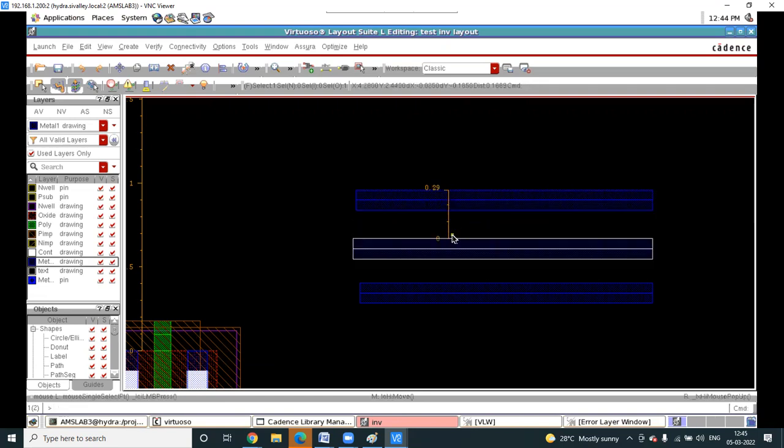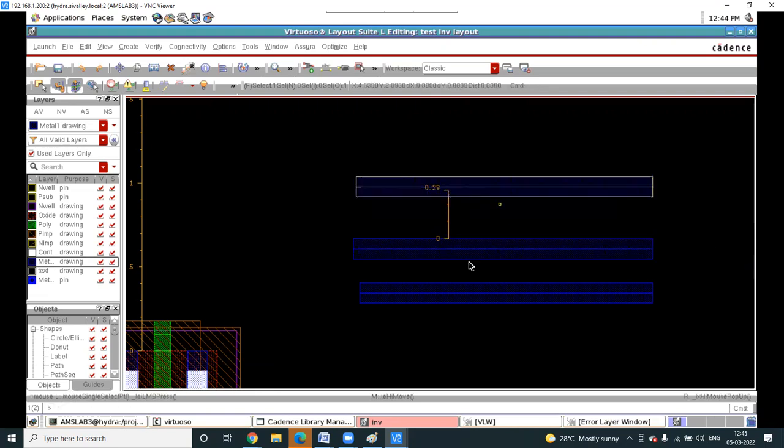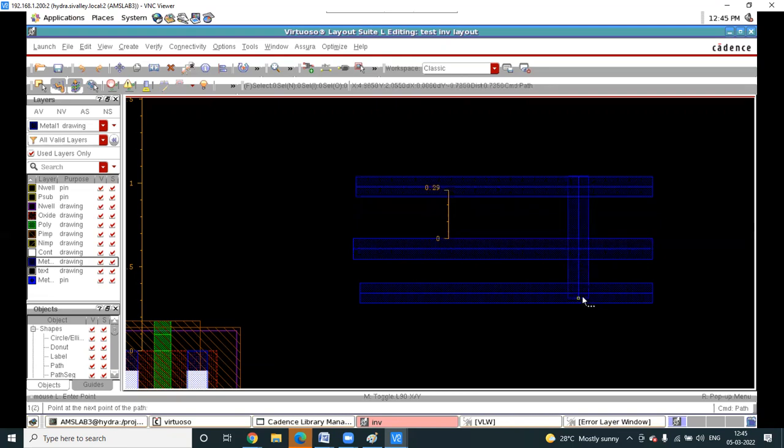So if minimum spacing is 0.12, 2x means 0.24. Top or bottom you will draw. The center one is the actual signal, and you will not leave these two floating; you will connect them to some potential, like a ground, and which potential to connect I will tell you later. This is called sidewall shielding.